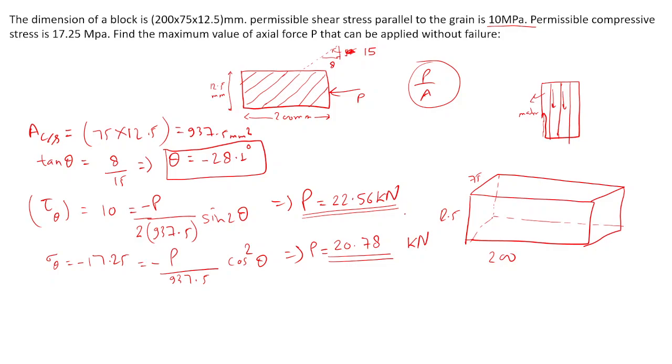Has anyone calculated this or not? Same answer, sir. So with the shear stress, the maximum loading condition would be 22.56 kilonewton, and with the normal stress it would be this other value. Which force can you apply maximum?